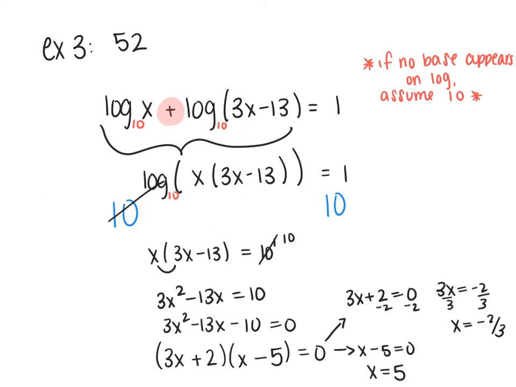But if you remember with logs, can't have a negative number inside the log. So here, inside where there's an x, log x. So I throw out the negative 2 over 3, meaning my final answer is x equals 5.